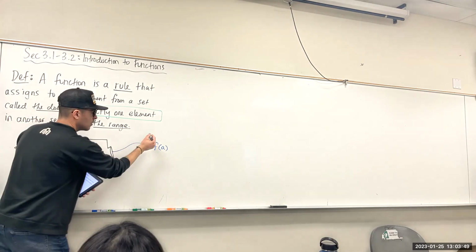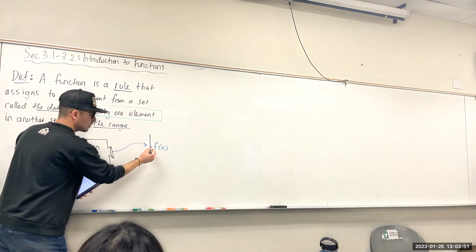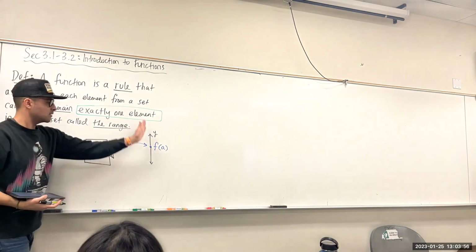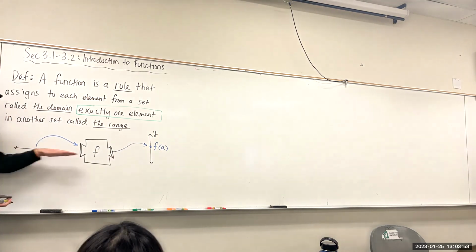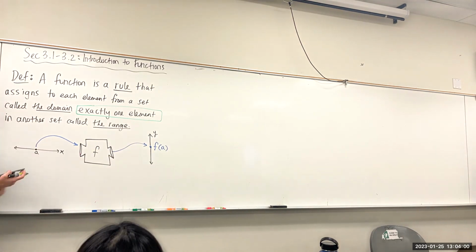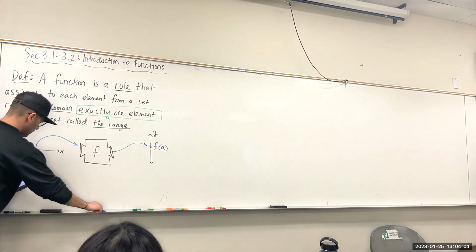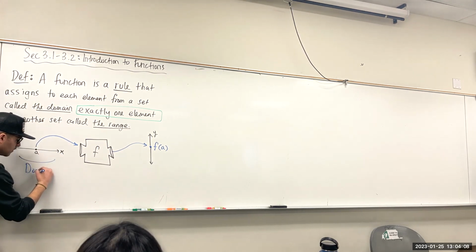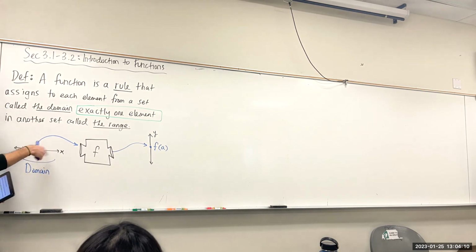And in general, we're going to let those be the Y values on a vertical axis. And the X values are going to come from a horizontal axis. And so this is where the domain is going to come from. These input values are going to come from our domain.